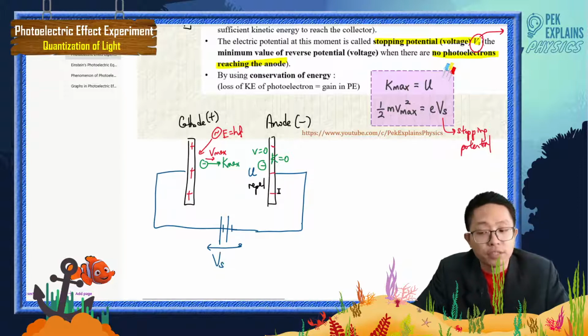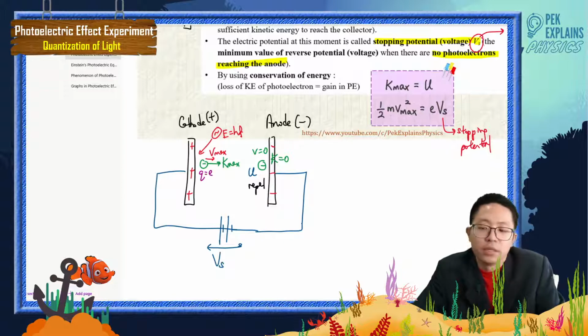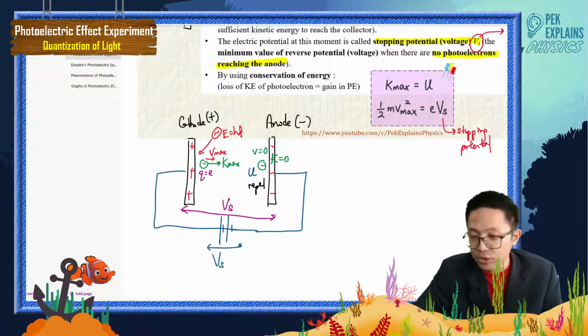So this is about conservation of energy. The charge involved is the electron charge, and the voltage across the two plates is the stopping potential.